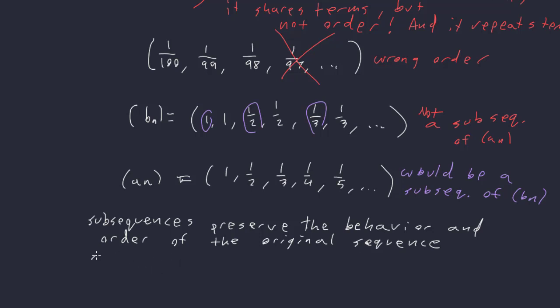Subsequences can only skip terms, but they cannot go back. So when you're going through to create your subsequence, you can go in order and you can skip, but you can't move back. You can't add terms. They can only skip terms and move forward.